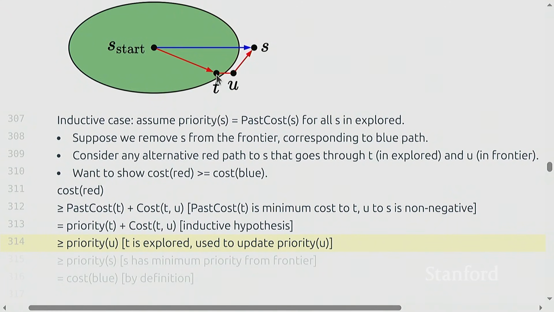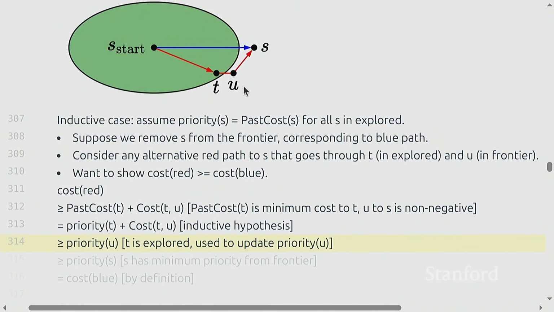And therefore, if T is connected to U, I would have updated the priority of U with this number, priority of T plus cost of TU. Which means that whatever is in the priority of U has to be no larger than that.